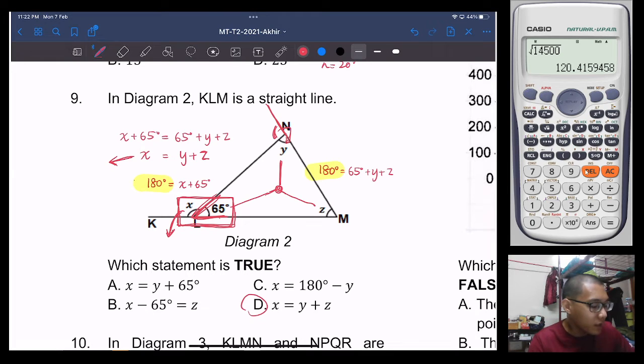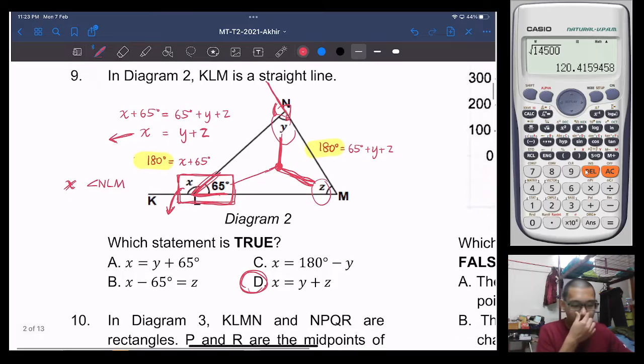So x is the exterior angle for interior angle NLM. Exterior angle x is equal to the sum of opposite interior angles. So we have y and z here. That's why we have this equation.